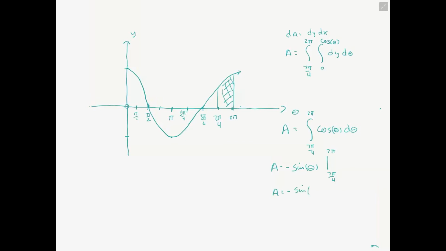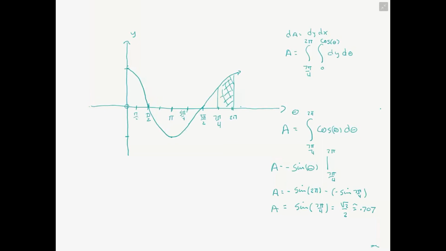And this is equal to, area equals minus sine of 2 pi minus negative sine of 7 pi on 4, and sine of 2 pi is 0, so the negative signs cancel, sine of 7 pi on 4, which is equal to square root of 2 on 2, which is approximately 0.707.